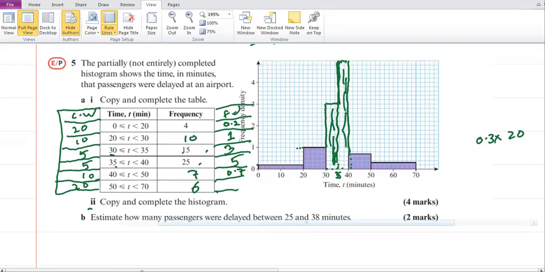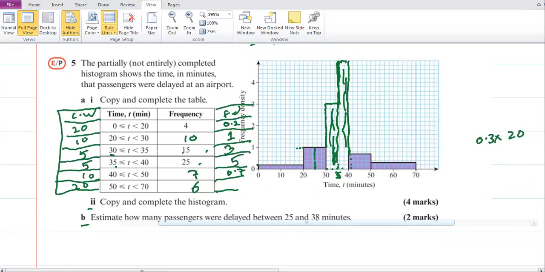Okay. Then part B is saying estimate how many passengers were delayed between 25 and 38 minutes. From 25 till 38 minutes, you have to find the delayed passengers. Where is 25? First highlight that one. 22, 24, 25 is here, yes? This is 25.